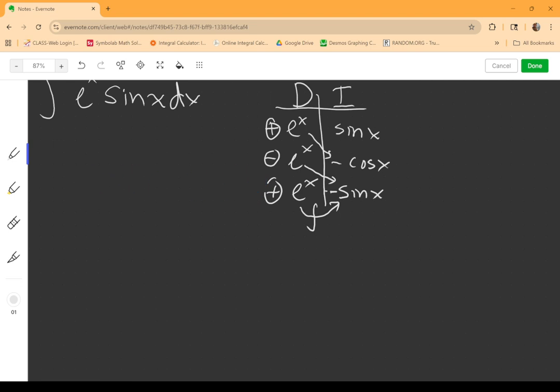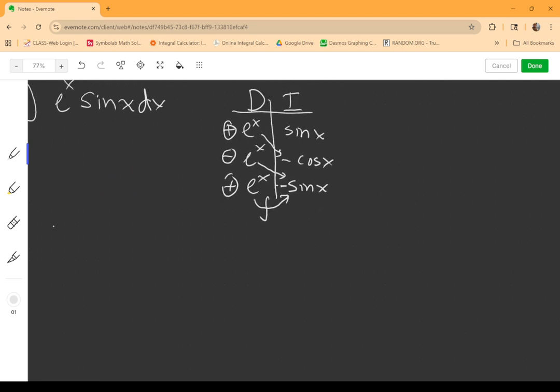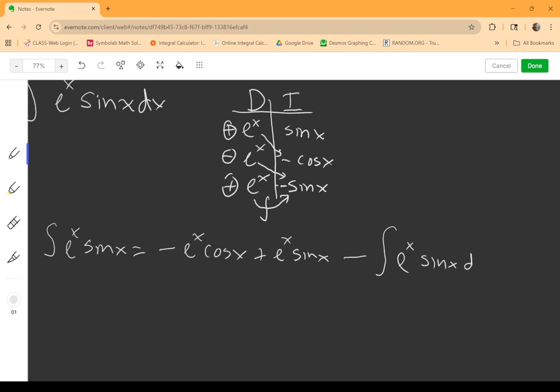So let's try that one more time. My integral e to the x sine of x is going to be equal to negative e to the x cosine of x plus e to the x sine of x, and then my last one, minus the integral of e to the x sine of x dx.